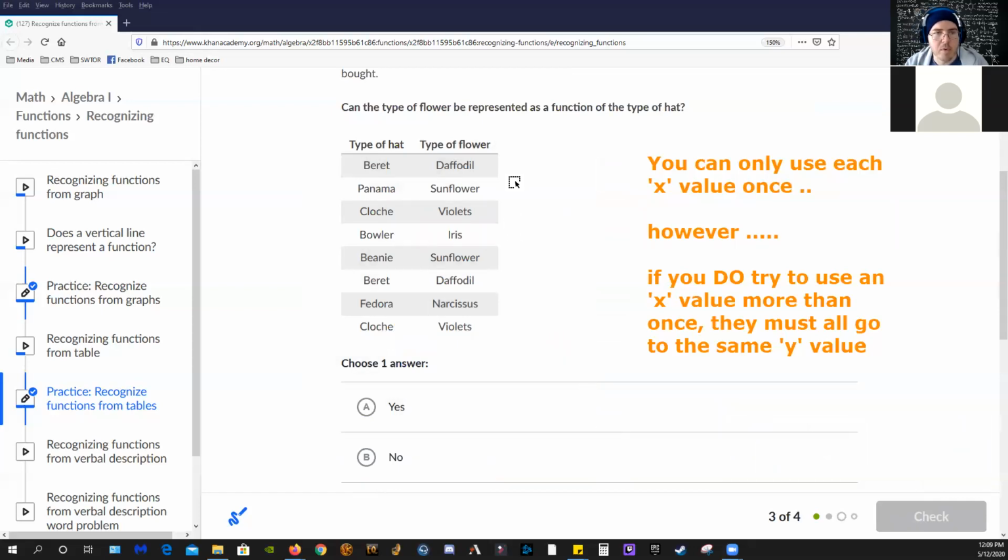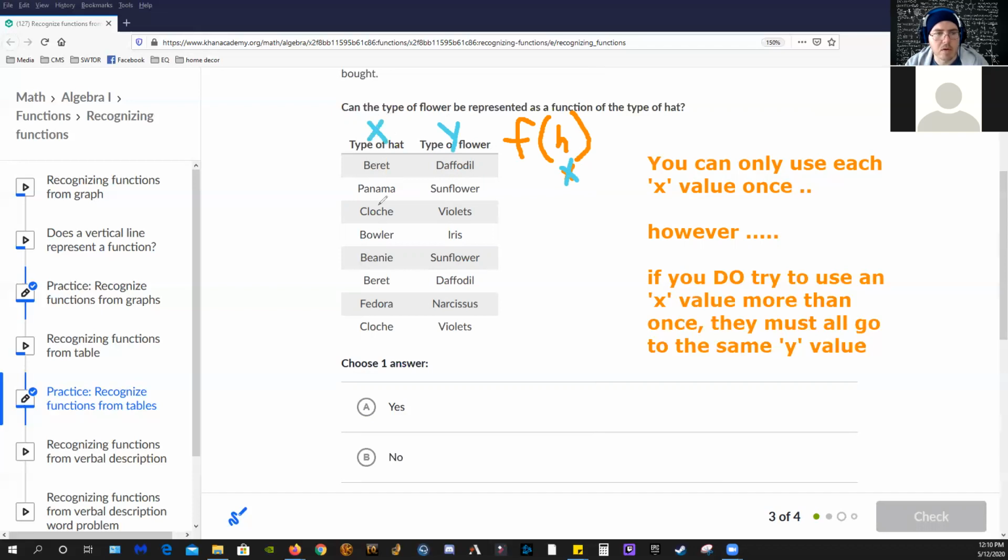Can the type of flower be represented as a function of the type of hat? So flower as a function of hats. So the x values are the hats, and the y value is the flower.